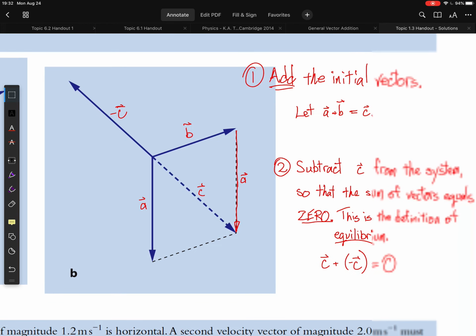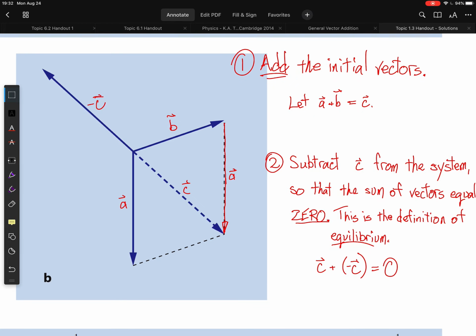Okay? So the way that we do that is demonstrated here, where we've added our initial vectors together, which I have identified as vector A and vector B. So the sum of vector A plus B will be equal to C. And in order to neutralize vector C and put the entire system into equilibrium, we need to add the opposite of C, the negative of C, to this system.